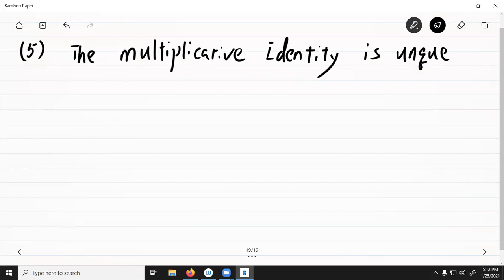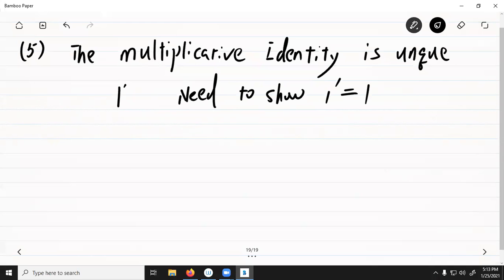There are no other numbers, okay? So the idea is, suppose you have another 1 prime, you need to prove that this 1 prime is the multiplicative identity. You need to show that this 1 prime is actually equal to 1, the one we already have.